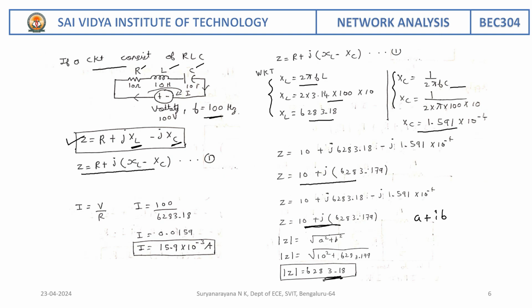Magnitude is given by this value. So what is I? I is nothing but V by R. So in this case it is I is equal to V by Z. So what is V? V is 100 volts. And what is Z? Z is this value. Substitute and we will get the answer, this 15.9 milliamperes.